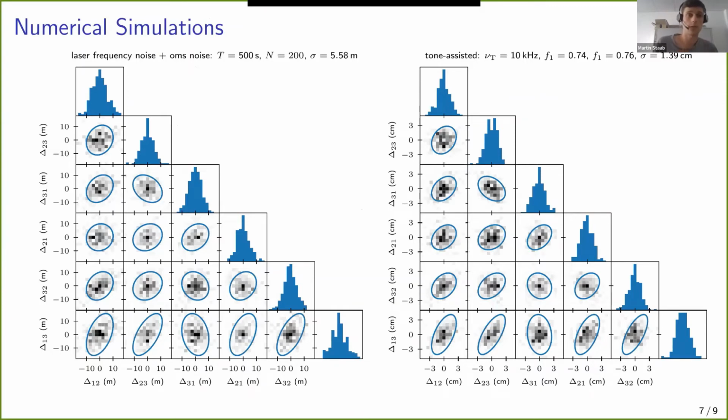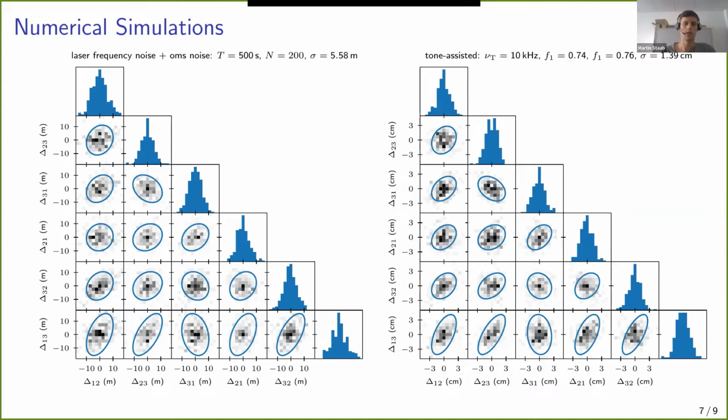The left plot shows results from a simulation where we turn on laser frequency noise and/or mass noise, and we use 500 seconds of duration to make some quick estimates. We can also choose that longer. We repeat that 200 times to get some statistics, to create an ensemble that we can analyze.